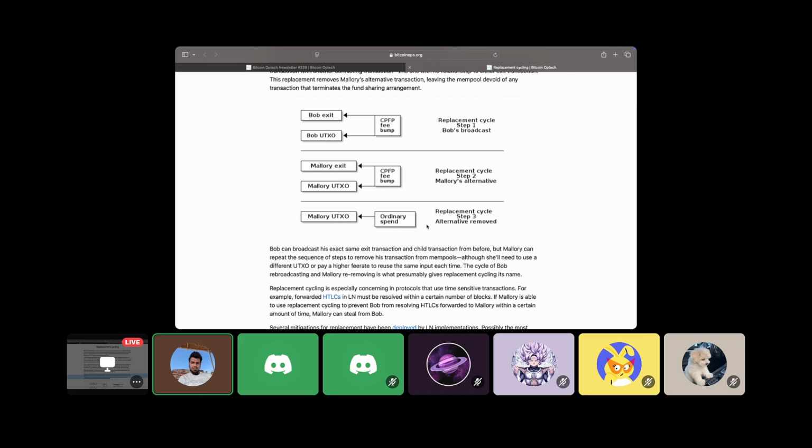That's the third transaction. Now, this transaction is completely unrelated to this two-of-two multisig account that is jointly owned by Bob and Mallory. But this transaction will have inputs that are common to Mallory's version of the commitment transaction. So you can see Mallory's UTXO, Mallory's UTXO. Now there's a conflict between these two. First, there was a conflict between these two, so this got evicted and this got selected. Now there's a conflict between these two.